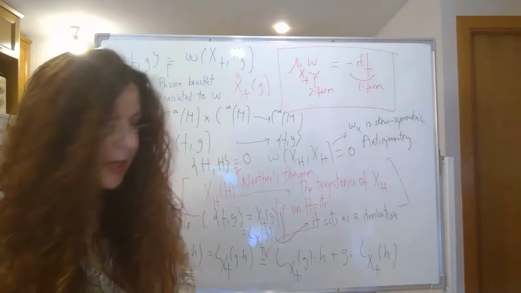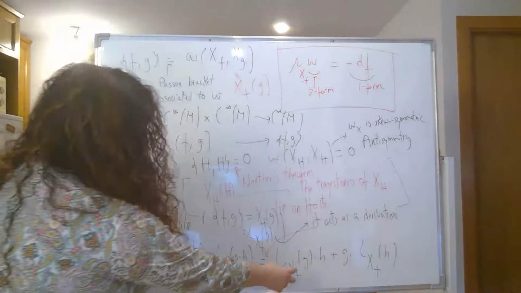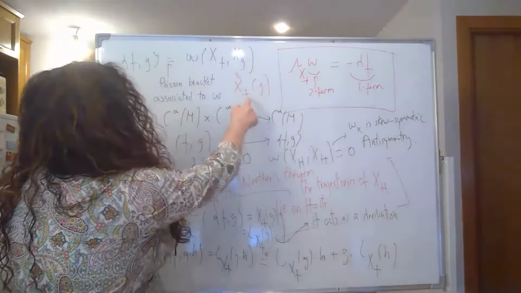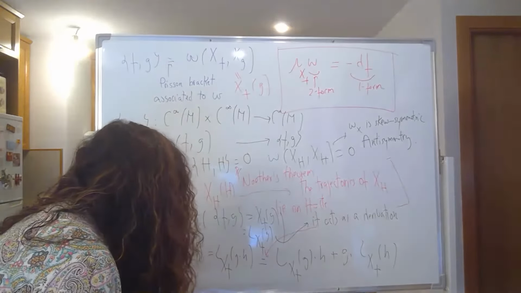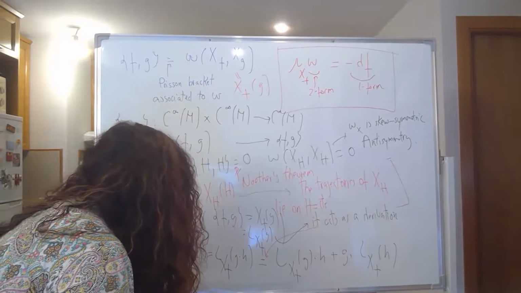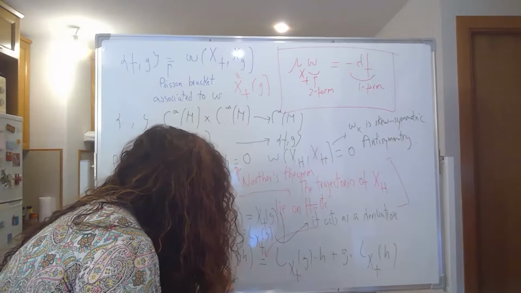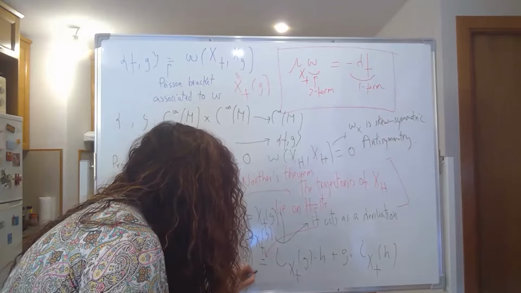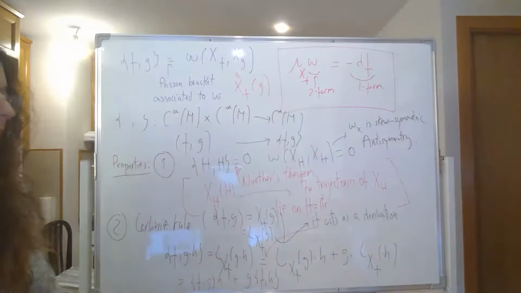Okay. So observe now that the thing that we can do at this point is to translate back to the definition of bracket. Therefore, this can be written as {f,g}h plus g{f,h}. All right? That's the formula.